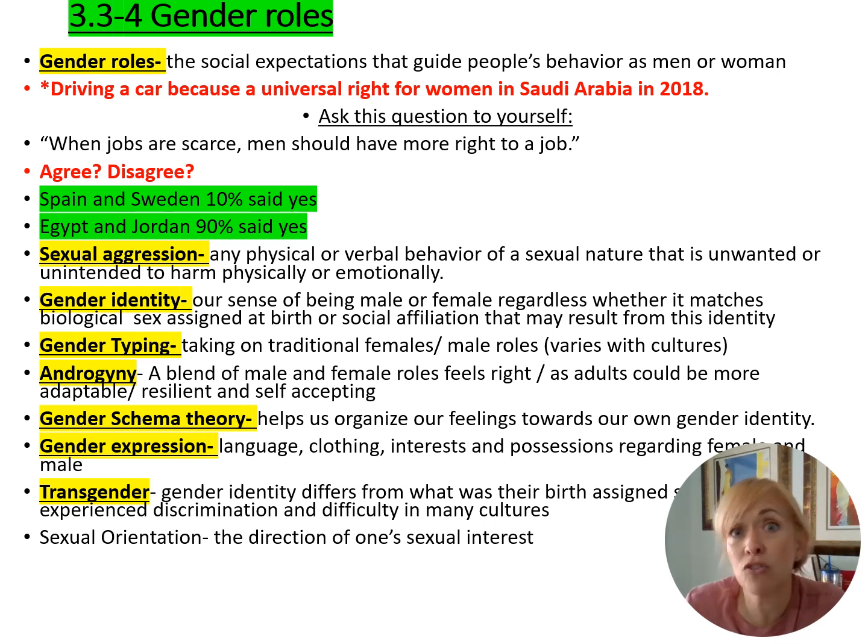Now, look at the stark difference. In Egypt and Jordan, 90% of people surveyed said yes, that the man should have the job and not the woman if jobs are scarce. So this all brings us to think about these themes of gender role and what does it mean in our culture.